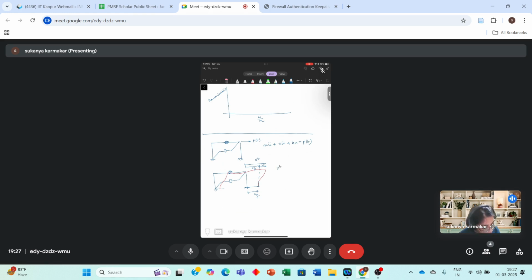So u total is equal to u ground plus u. Is this fine? You can write that total displacement is displacement of the ground plus the relative displacement.